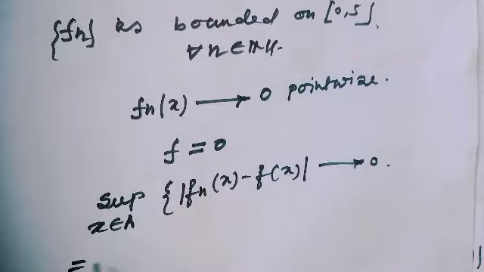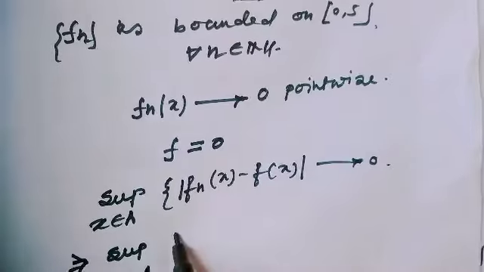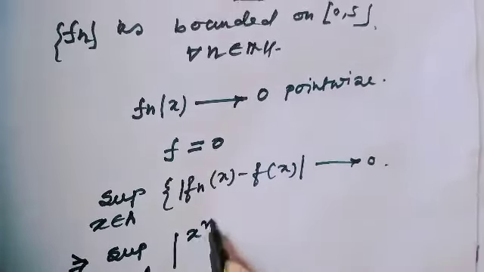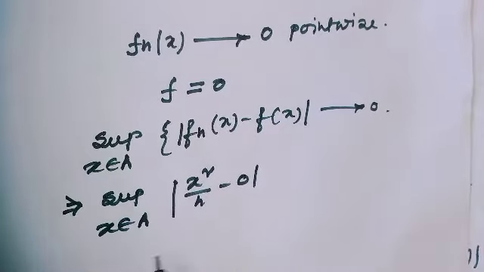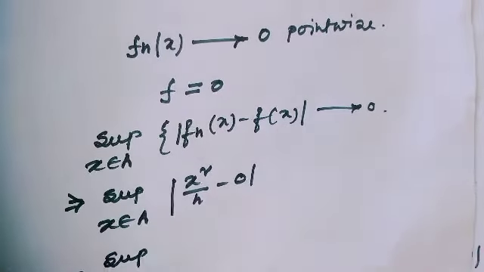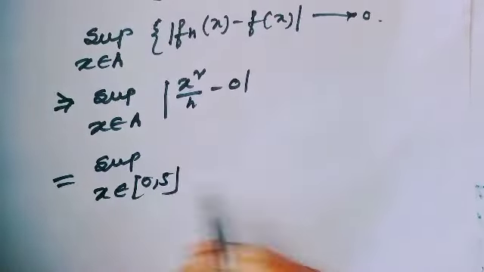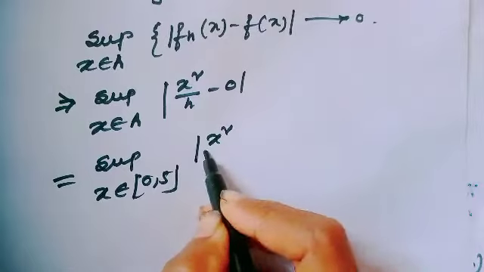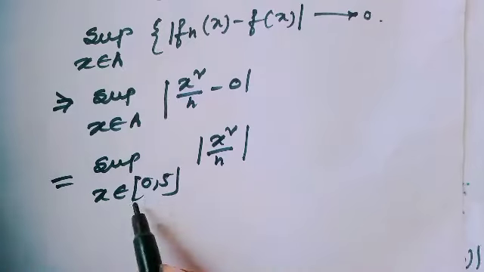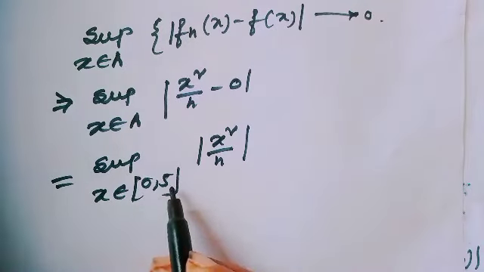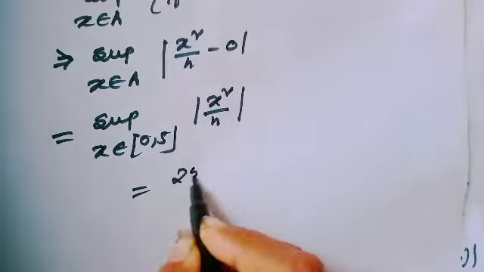That means this would be the supremum over x belonging to A of x squared over n minus 0, where the supremum over x belonging to A means over the closed interval [0, 5]. This is the absolute value of x squared over n, and in the interval [0, 5] this supremum would be 25 over n.